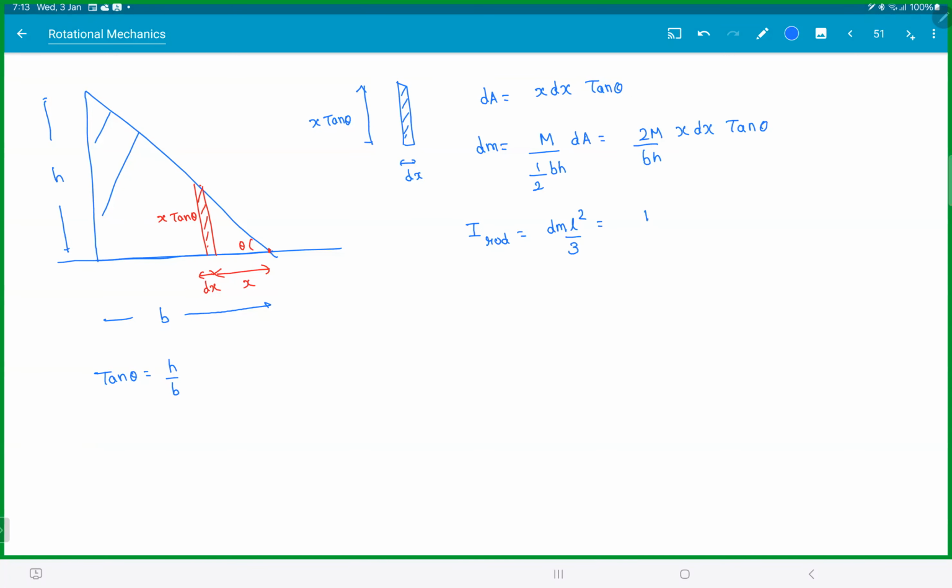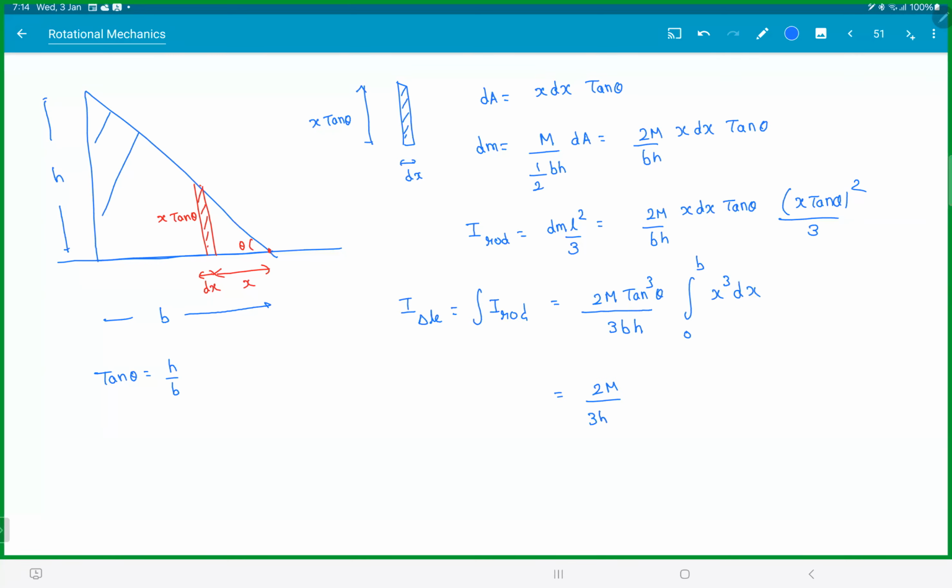Here dm is 2m by bh x dx tan theta, and L is nothing but x tan theta, by 3. So I of the triangle will be the moment of inertia of all the rods. Do you understand what we did? We took it as a thin rod, and for a thin rod about the edge it is ml square by 3. Integrate this stuff. So this will be 2m tan cube theta by 3bh integral x cube dx. The value of x goes from 0 to b.